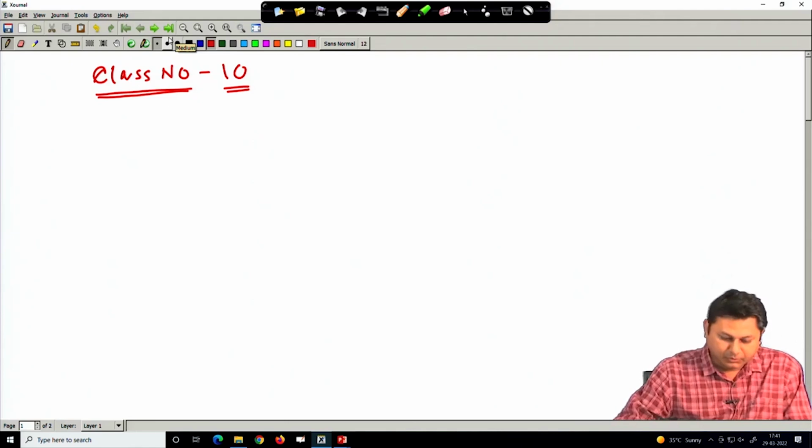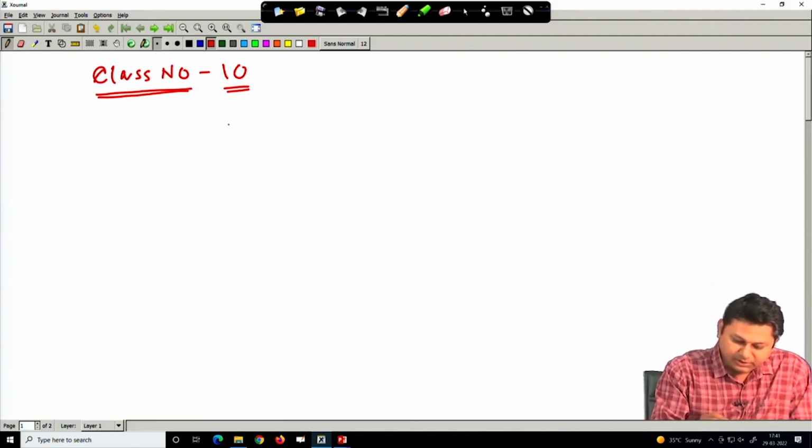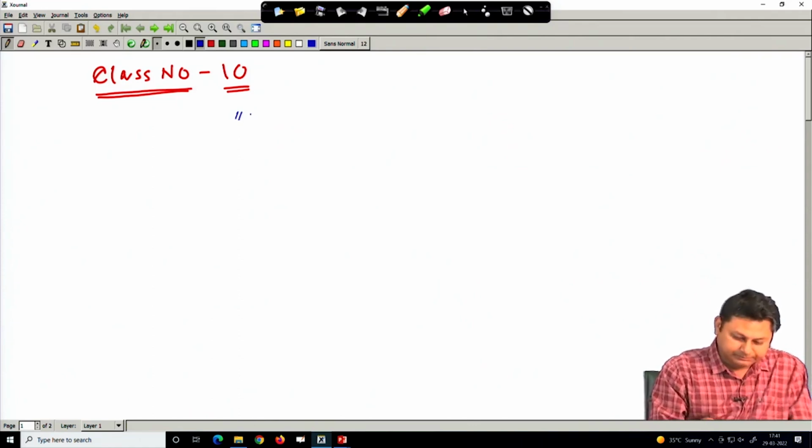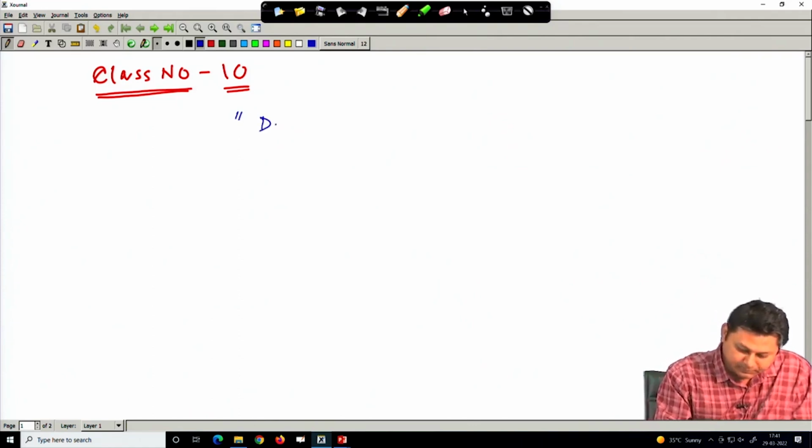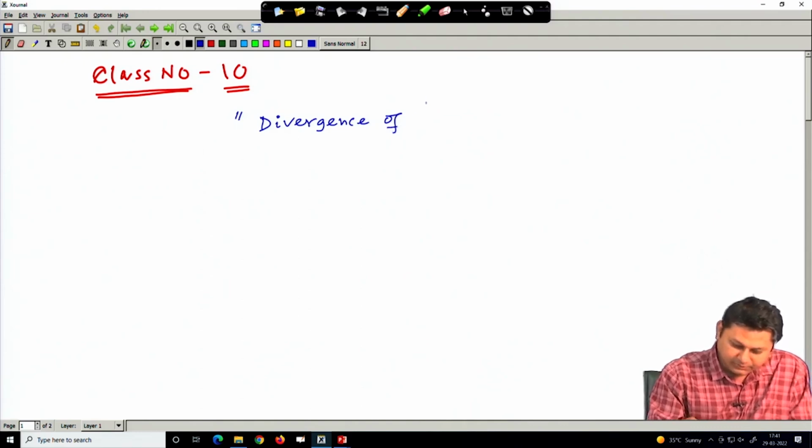In the last class we started the divergence of a vector field.